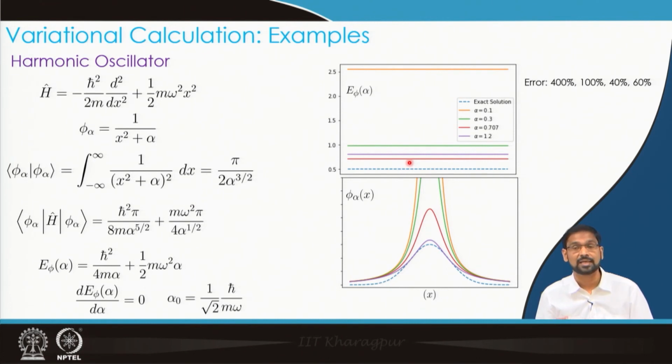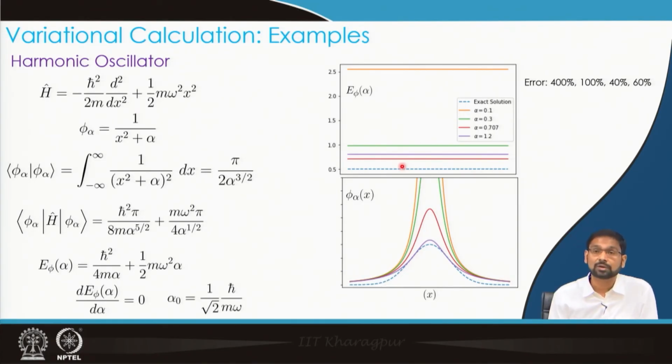So that indicates that we have crossed the best value of alpha, and now we are going again in the wrong direction. From orange to green to red, we are going along the correct direction, but from red to purple, we are going again in the wrong direction. So the variational principle actually helps us see whether we are coming closer to the true solution or not.